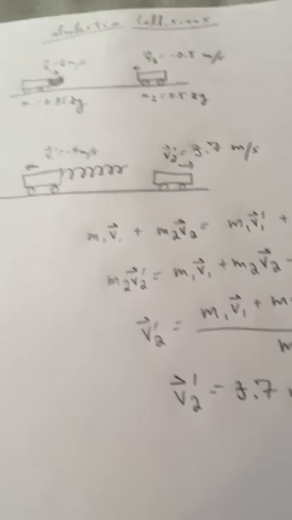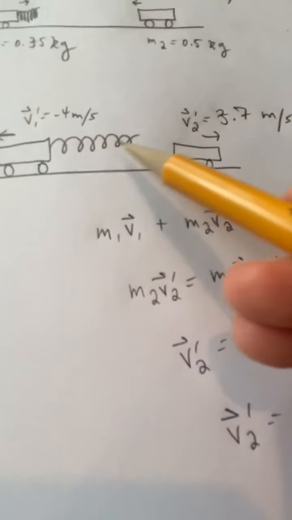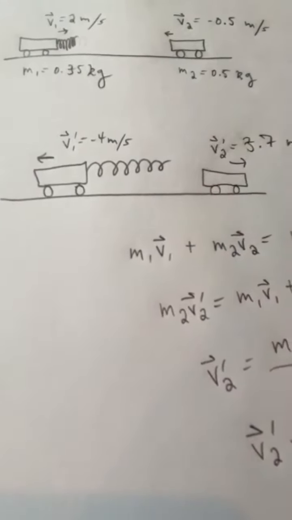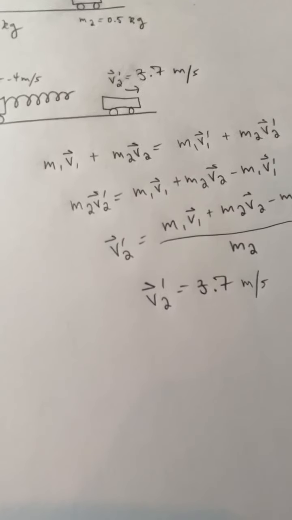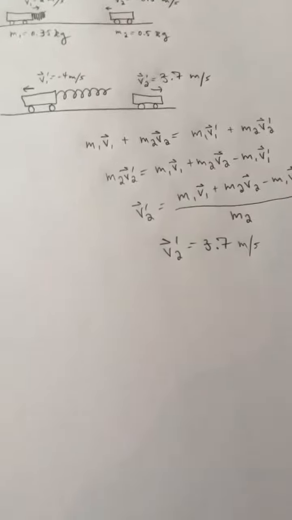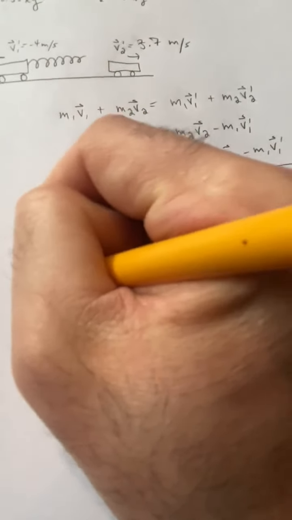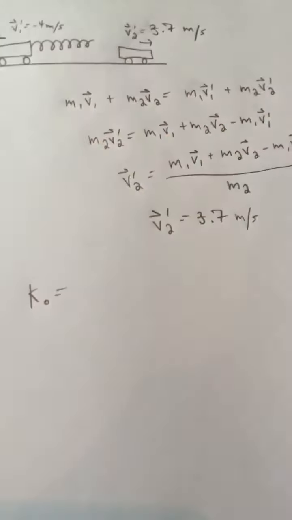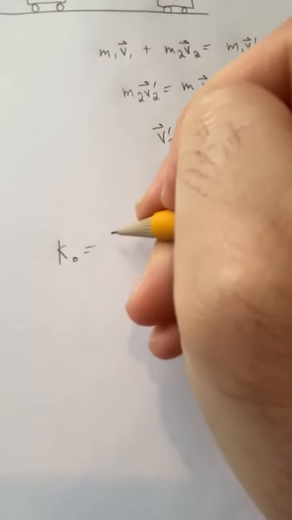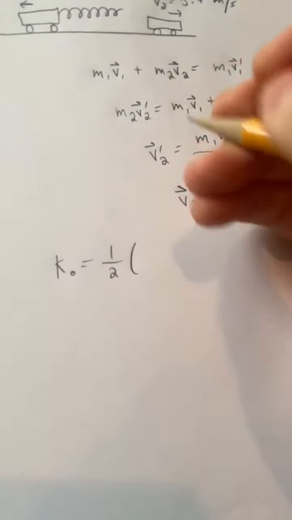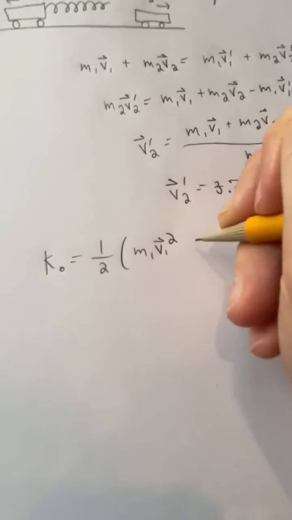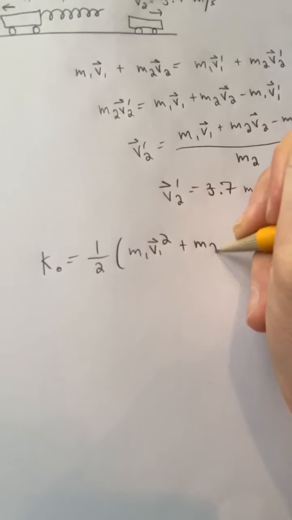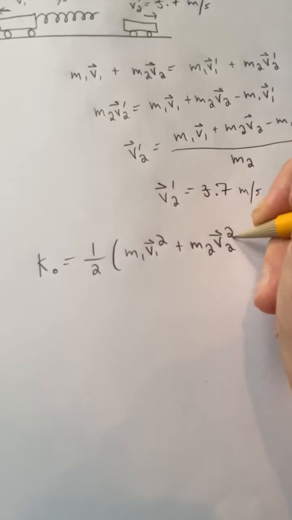So that might raise the question then, how much kinetic energy was tied up in this spring? The way that we would do that is just calculate the initial and final kinetic energy of the system and then see what the difference is. So the initial kinetic energy of the system is just going to be 1/2 (m1 v1 squared plus m2 v2 squared).